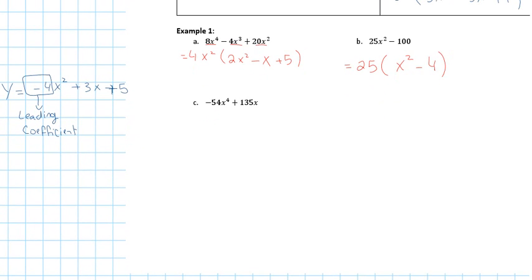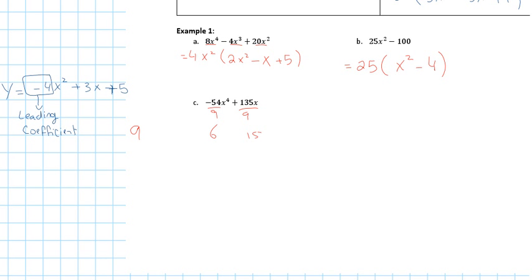You would still have more factoring to do, right? Let's look at 9 first. If you divide 54 by 9, what do you get? 6. And if you divide 135 by 9, what do you get? 15. Is there another common factor between 6 and 15? Yes, 3.